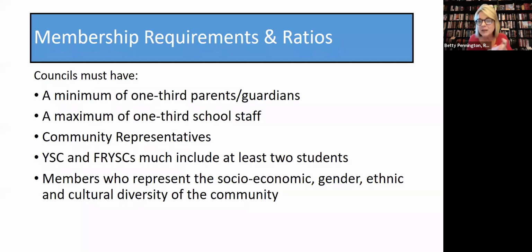You need to have those community representatives. The YSCs and FRYSCs must include at least 2 students, and members who represent the socioeconomic, gender, ethnic, and cultural diversity of the community.